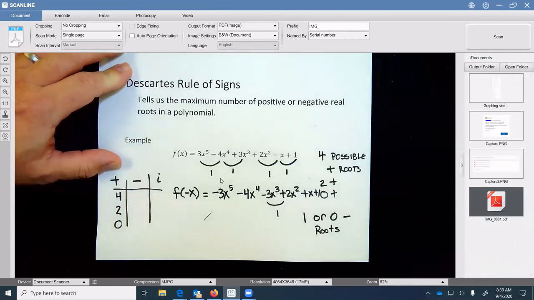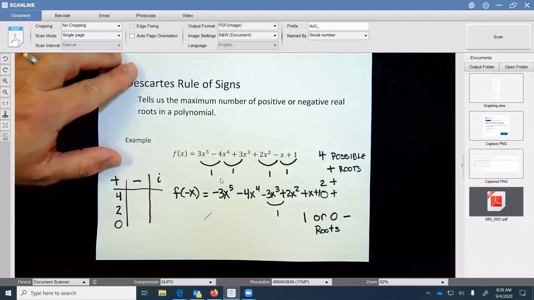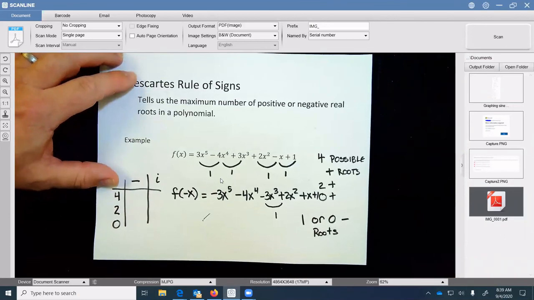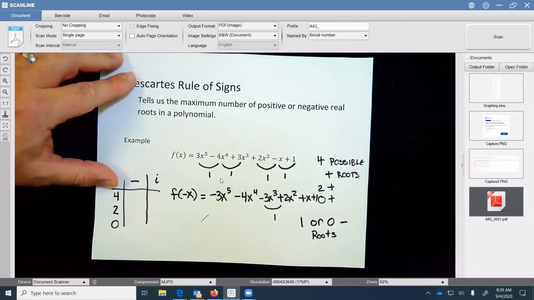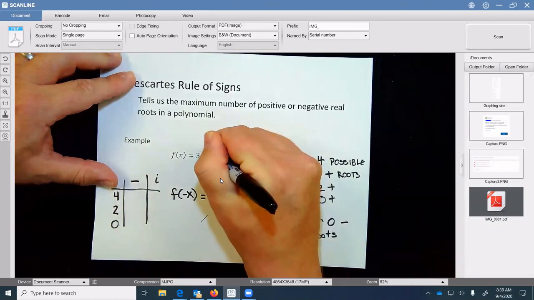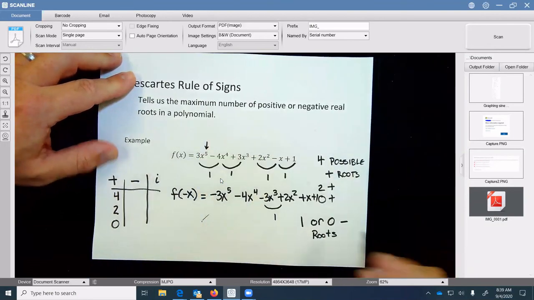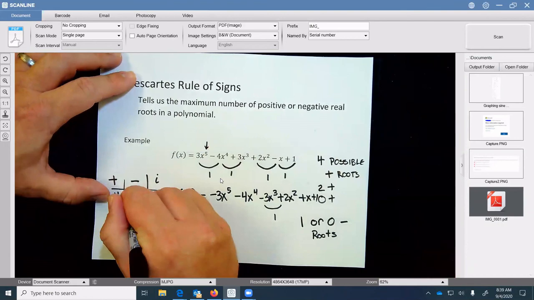How many roots is this going to have total? From what we talked about on Wednesday, how many roots is this going to have? How many zeros? 5. Yeah, up to 5. Remember, it's your highest degree. So we could have 4 positive and 1 negative.